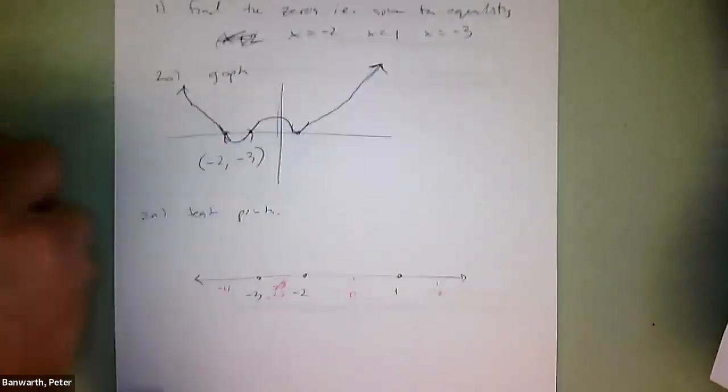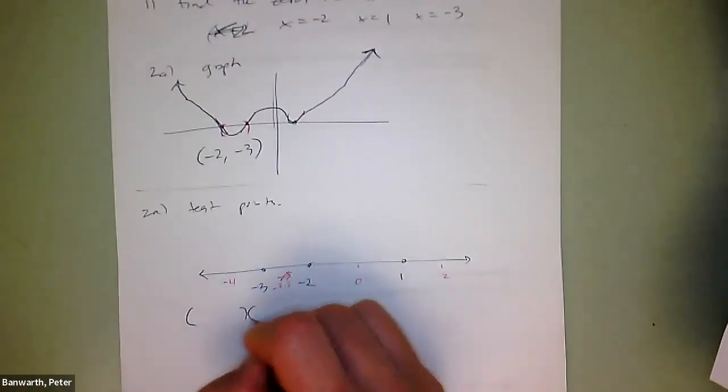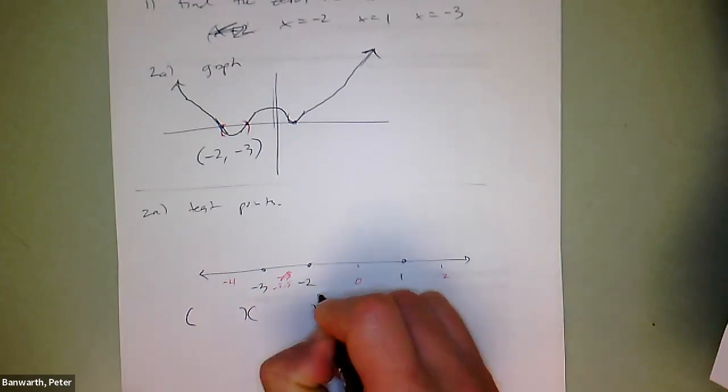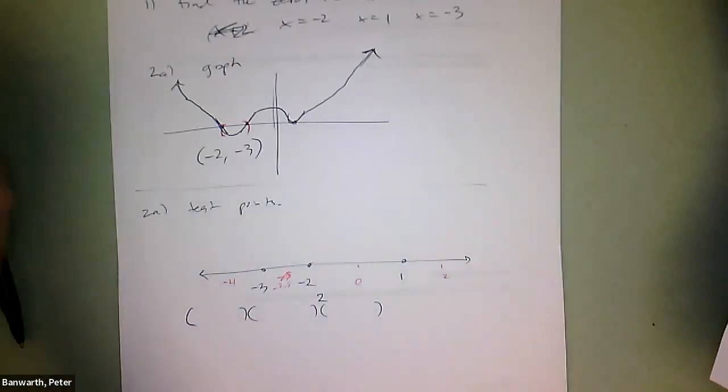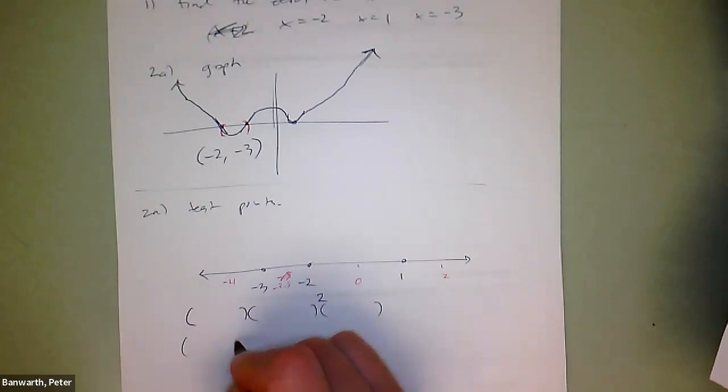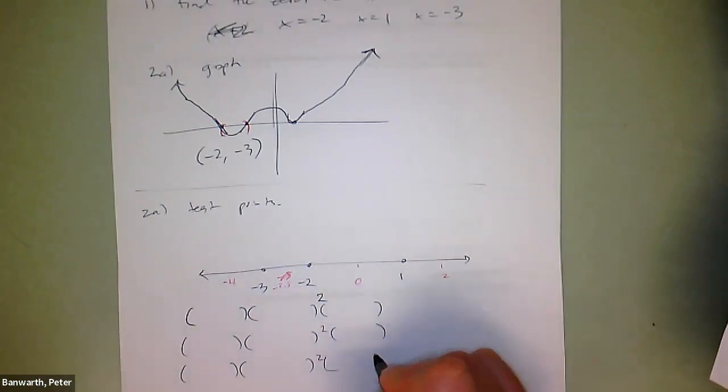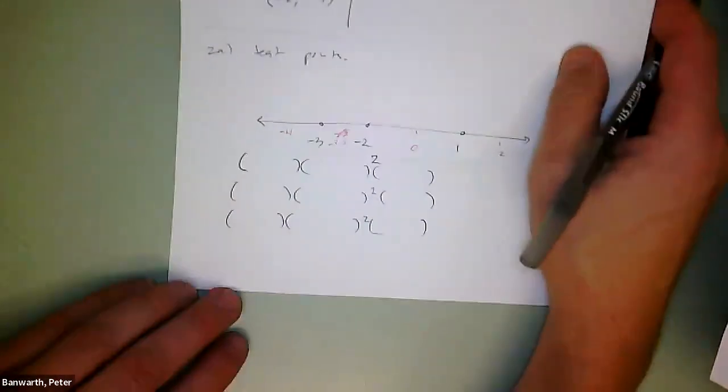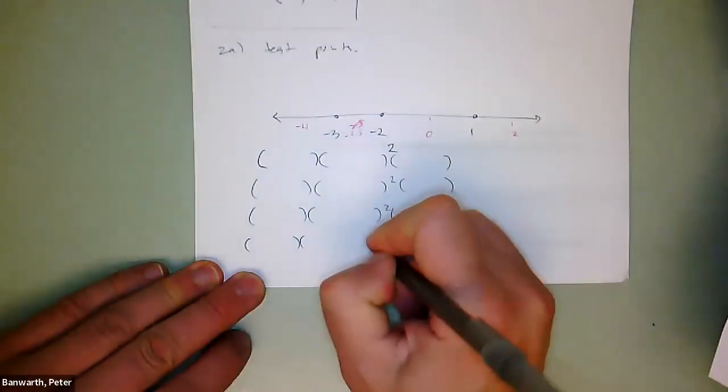Here's a nice trick. You don't have to actually calculate everything. You just have to know if the signs are positive or negative, because you're multiplying.